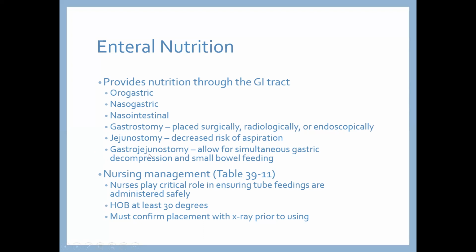So when we have a GJ tube, the G tube is oftentimes hooked up to suction to allow for decompression of gastric fluids and acid buildup, while still being able to feed the patient through the J tube part. So the proximal end is the gastric part, while the distal end is the J tube part. So you can do both.